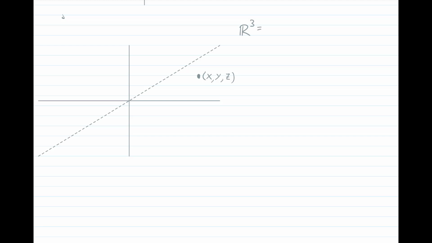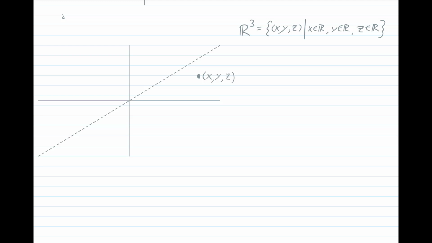So it's the set of all ordered triples (x, y, z) such that x is a real number, y is a real number, z is a real number. That's called a Cartesian triple product of R with itself.